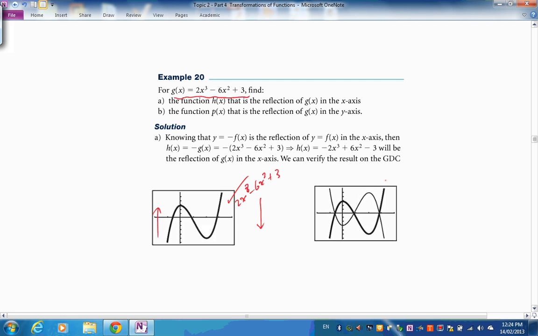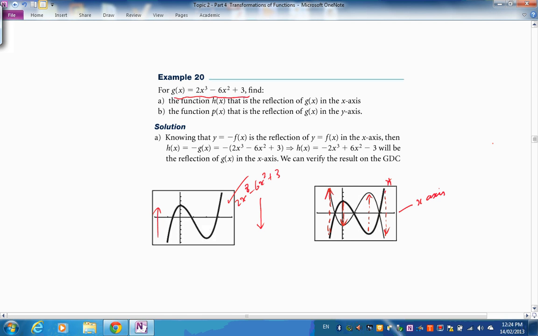So can you see there's the original function. That's gone opposite there, that's gone up there. All points are reflected, so that's gone down there, and this has gone up there. All points go on the opposite side of the mirror. This time the mirror is the x-axis.